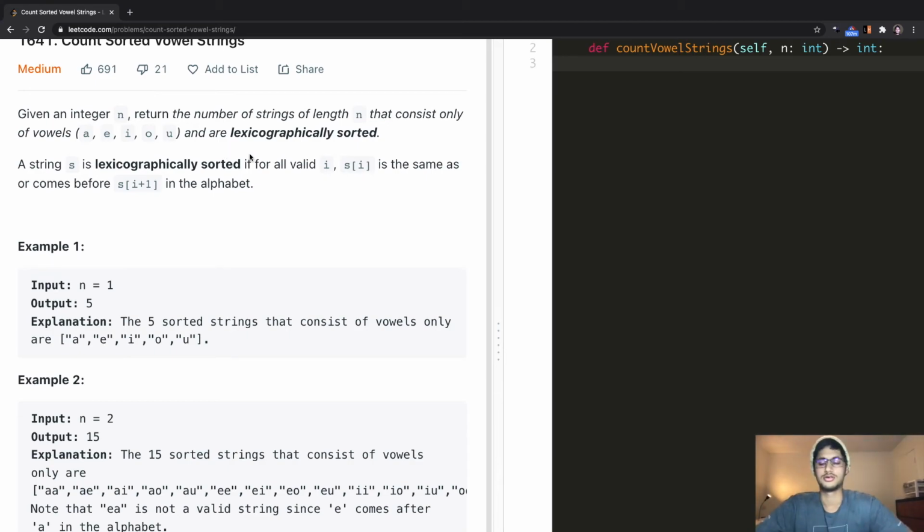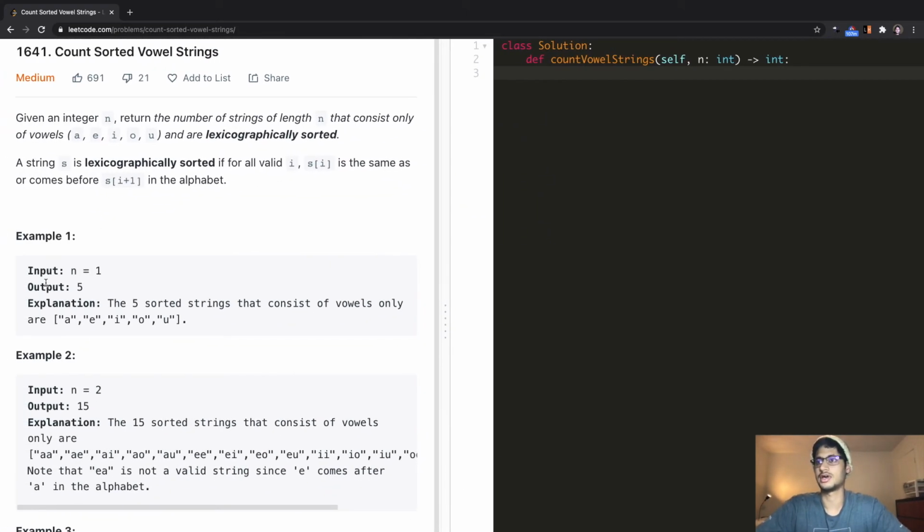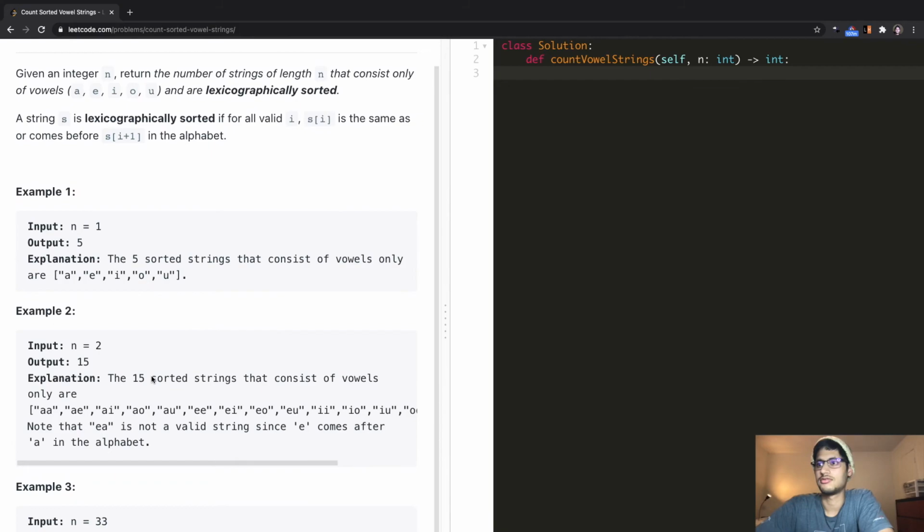Okay, so let me go through the examples first. If n equals 1, we can only have 5 strings: a, e, i, o, u. If n equals 2, we can have aa, ae, ai, ao, au, ea.